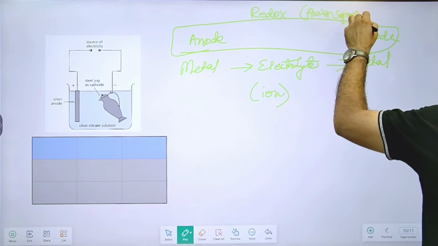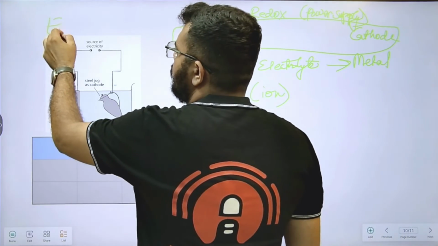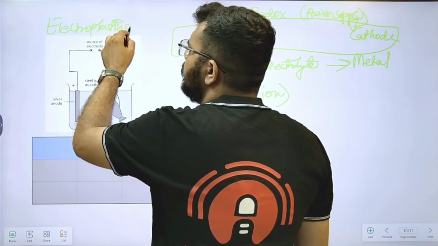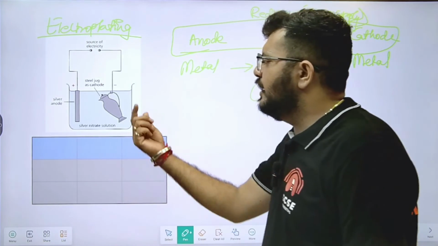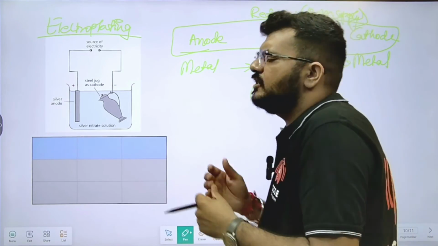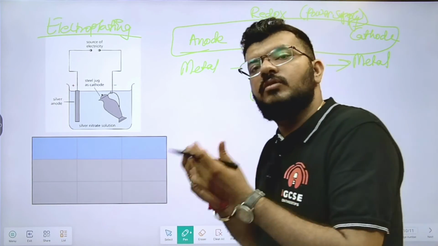We can use all of this to do something known as electroplating, right? I'll do electroplating, meaning plating a less precious metal with a more precious metal in order to increase its value, in order to make it look better, in order to stop its corrosion.